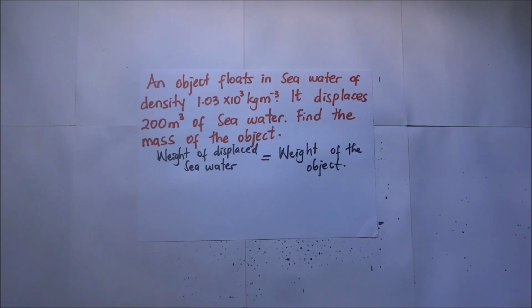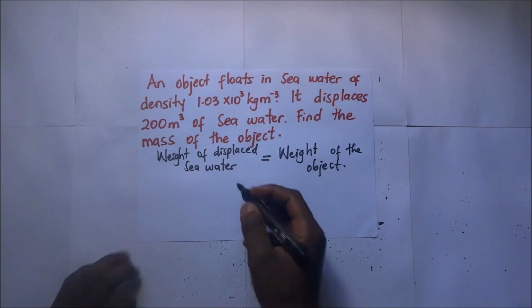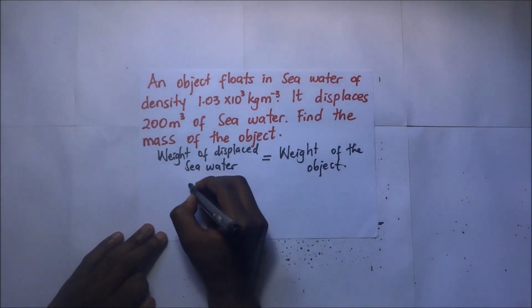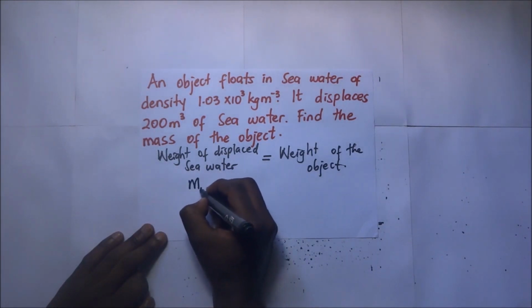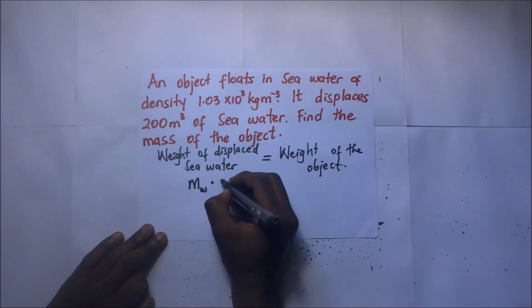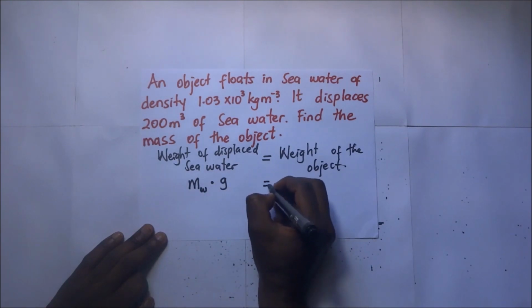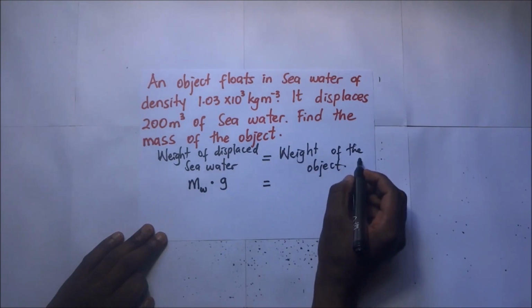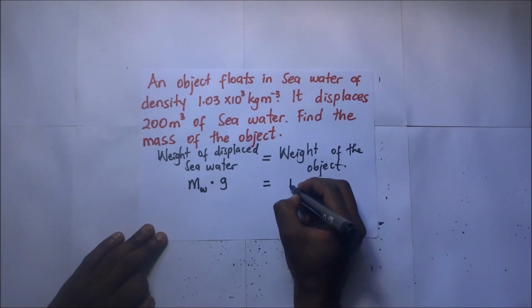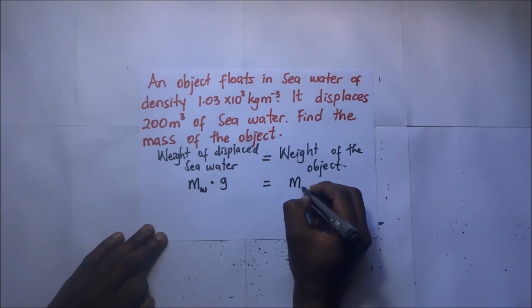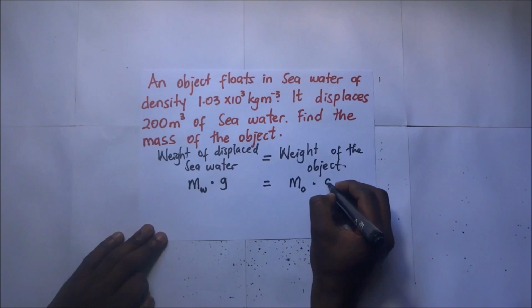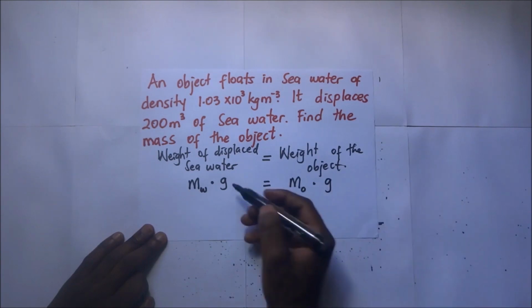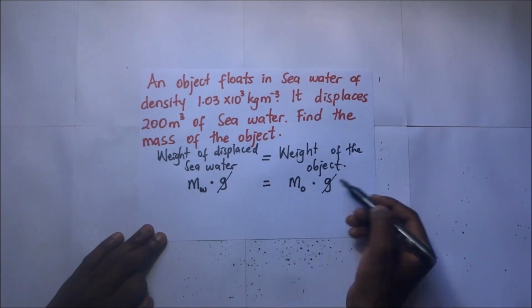Now, of course, the weight of the displaced seawater is given by the mass of that displaced seawater multiplied by gravity. That is going to be equal to the weight of the object, which is given by the mass of the object multiplied by gravity. Of course, from here you see that the gravity and the gravity will cancel out.